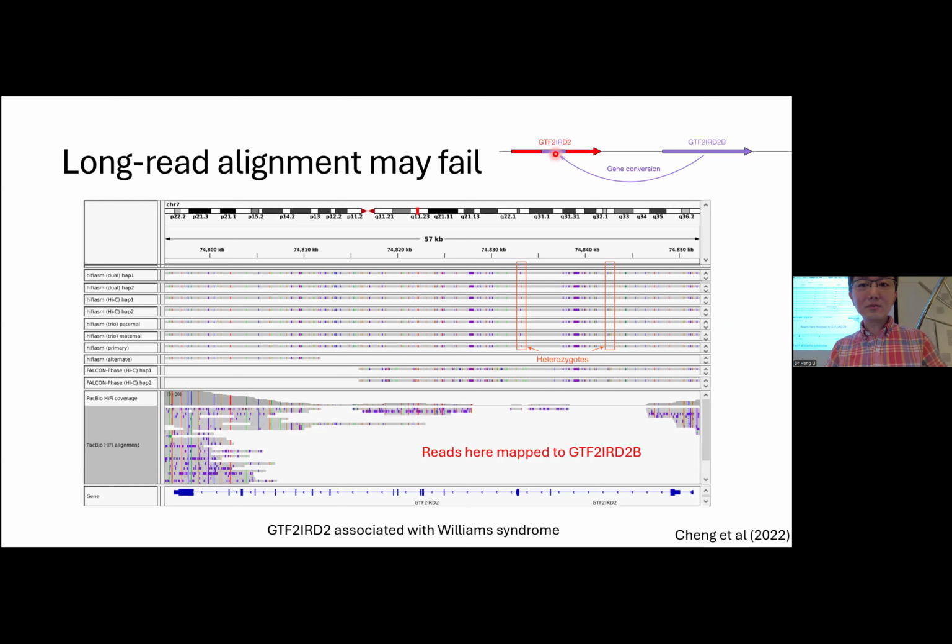As a result, reads coming from the blue part are similar and will be mapped over to the other gene. This is called false read alignment, and this is why you see this homozygous event.